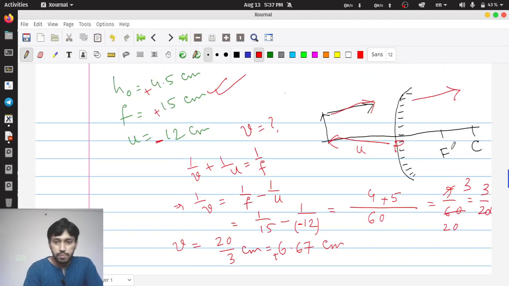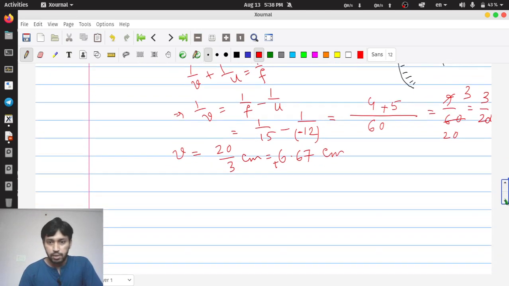The image will form at a distance of 6.7 centimeter from the pole, because the focal length is 15. Positive means the image will form on the right hand side of the pole of the mirror, somewhere here.